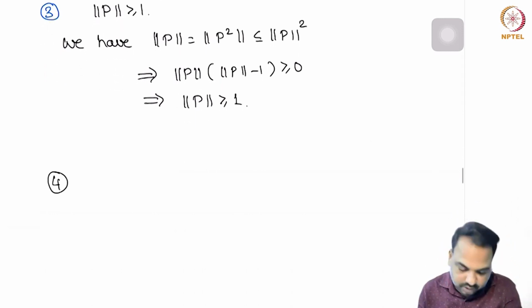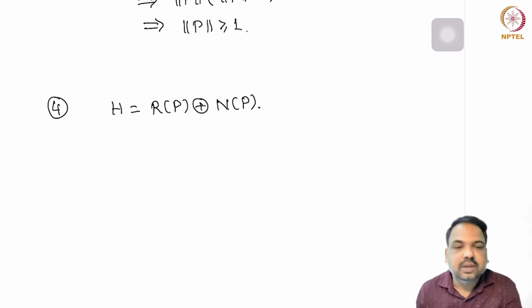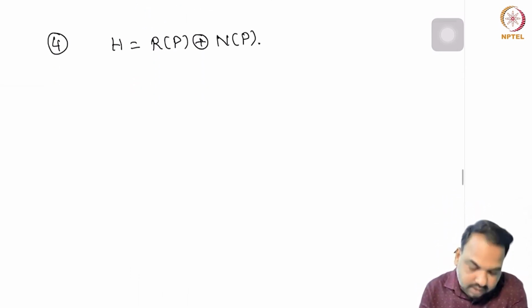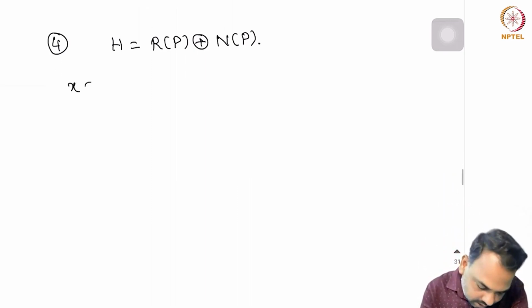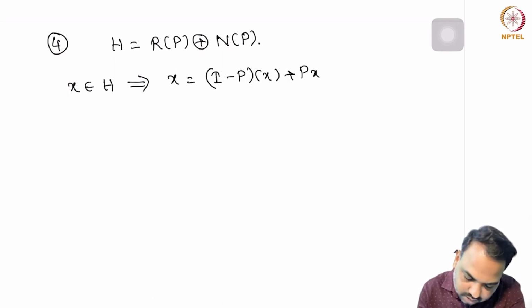So whenever P is a projection, we can write H as the range of P direct sum with the null space of P. So note that this is not an orthogonal direct sum, it is just a direct sum. So this is easy to prove. Let us take x in H, then x can be written as (I minus P)x plus Px.